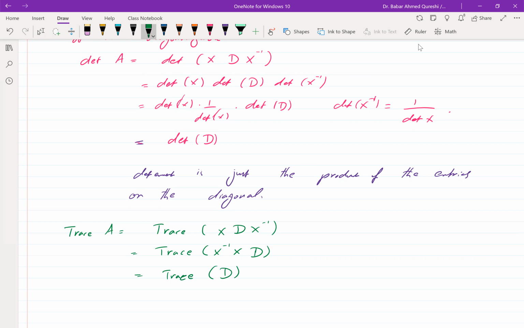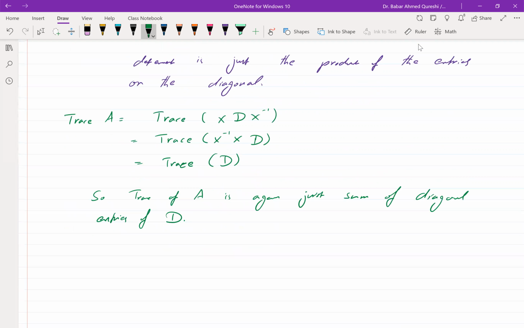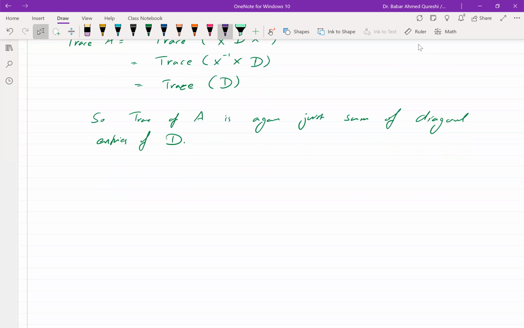So trace of A is equal to trace of D. So trace of A is again just the sum of diagonal entries of D. Now I want to know what these diagonal entries of D are.